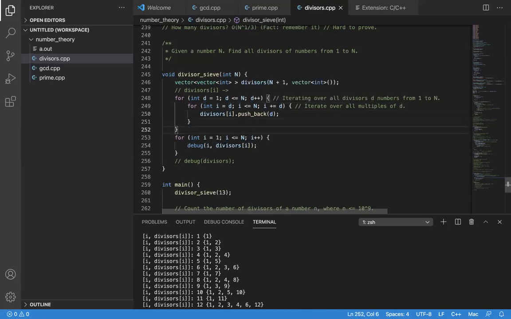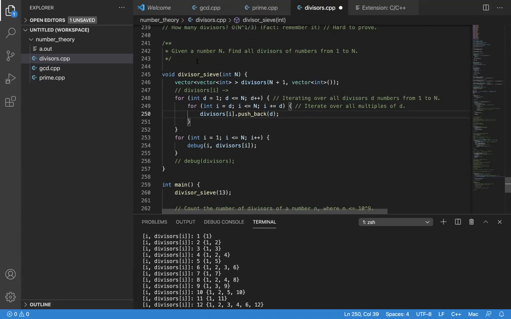So at the end, do you see the correctness of this algorithm? Why at the end divisors of i will contain all divisors of number i? Do you get this part? If anyone wants to ask any questions about this part, feel free to ask.